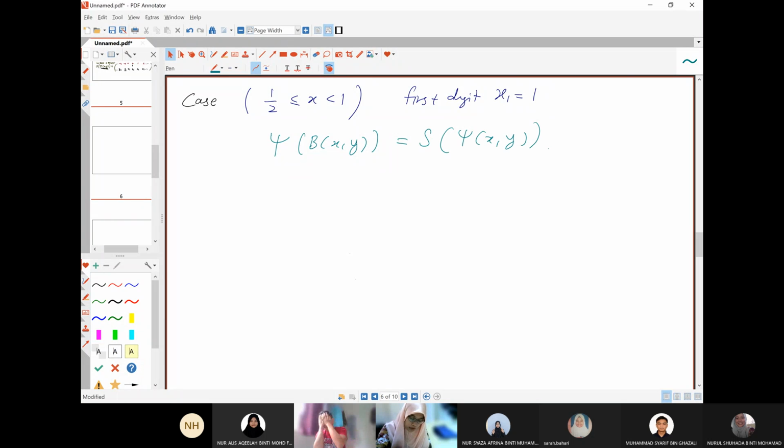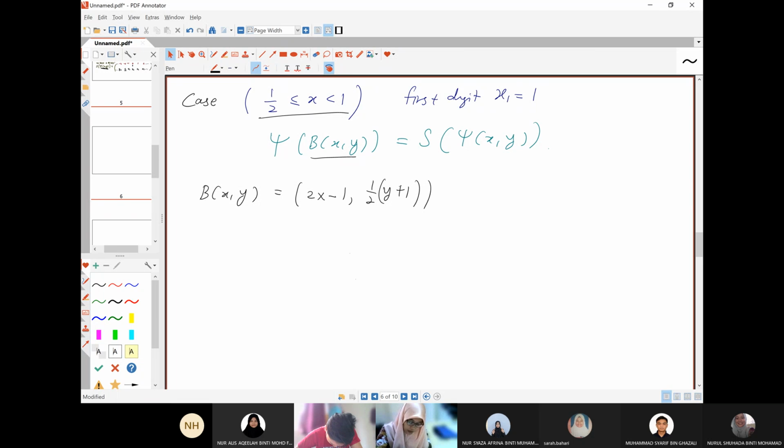Now we want to show this. So the first one is b x y. So again, for the second inequality, you have this one. The basis is 2x minus 1 and half of y plus 1.